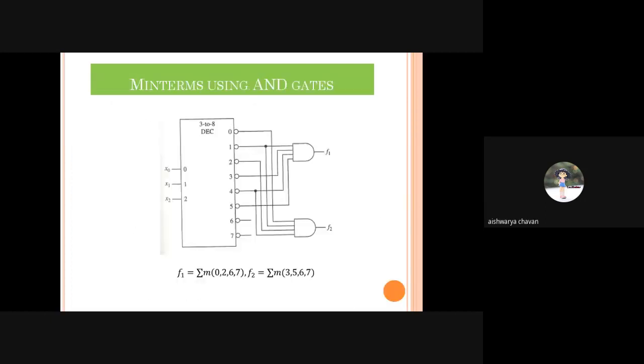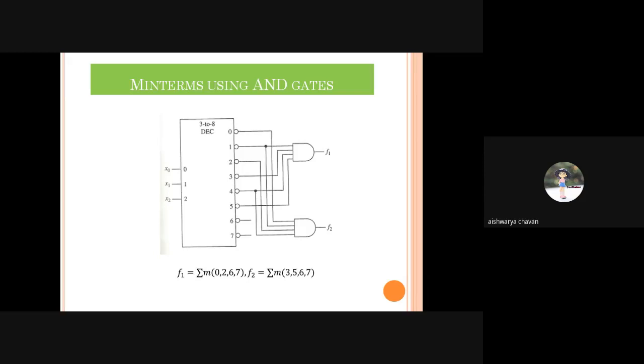Okay, next. Minterms using the AND gates. For the decoder, we have seen we can design it by using an OR gate. We can design it by using a NOR gate. Now we will see by using an AND gate. Simply you have to connect the minterms that are present, those inputs you have to give to the AND gate.